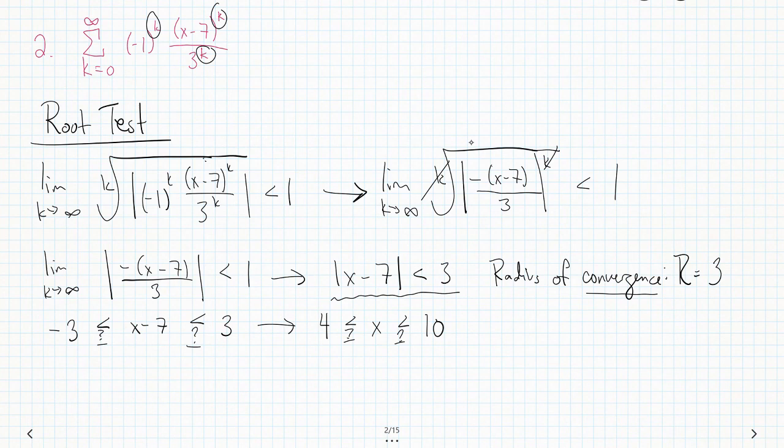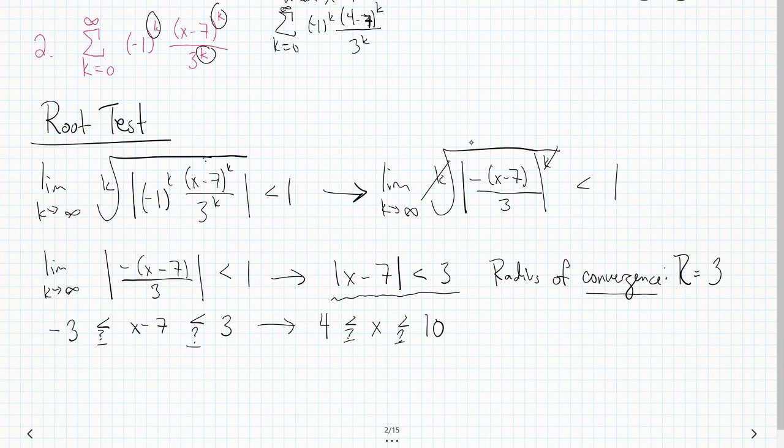So when we have x equal to 4, what happens? Well, we get a summation k equals 0 to infinity of negative 1 to the k, and it goes (4 minus 7) to the k over 3 to the k.